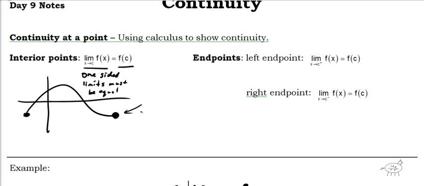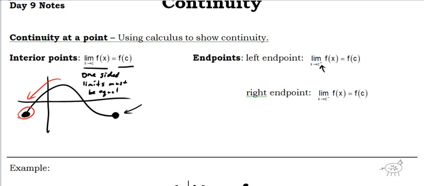If I have a left endpoint, I can only come from the positive side. Notice that little plus sign, math fans? The limit as x approaches c from the positive side has to equal f of that value.